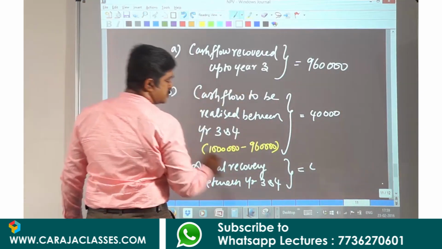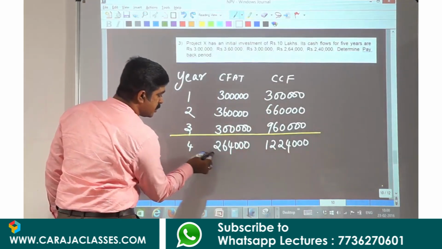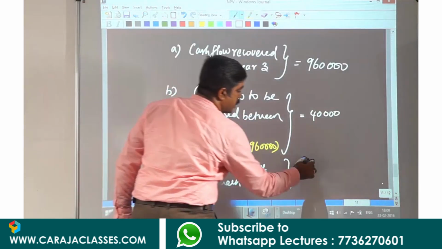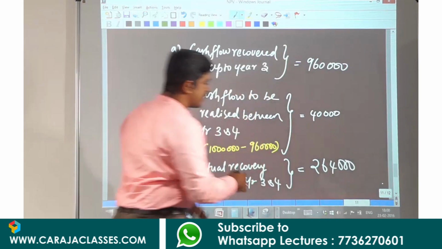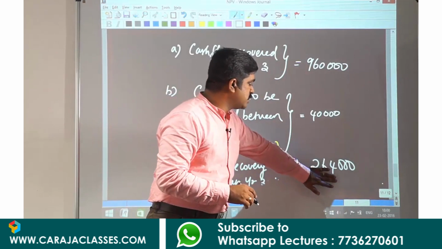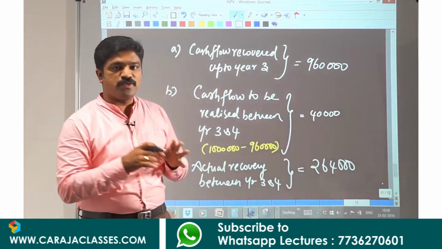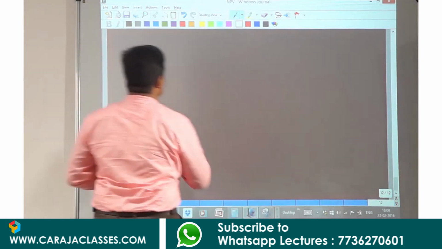The actual recovery between year 3 and 4 is 2,64,000. Now you have the information. Actual recovery between year 3 and 4 is 2,64,000. What you want to recover is 40,000. So now you have to find out what is the time period taken.